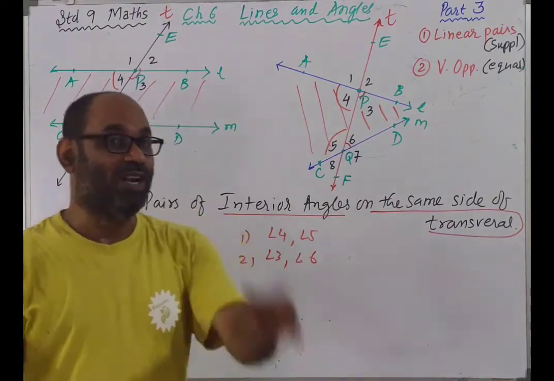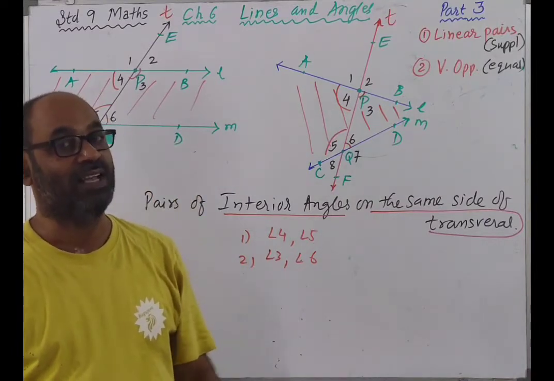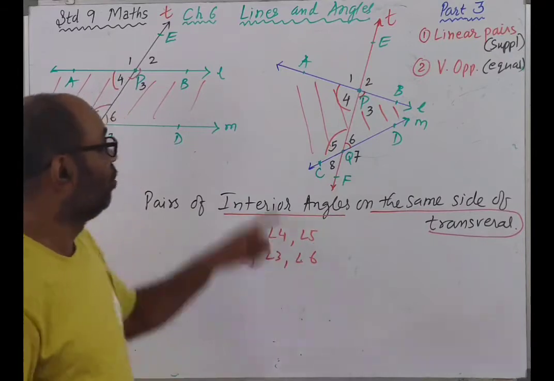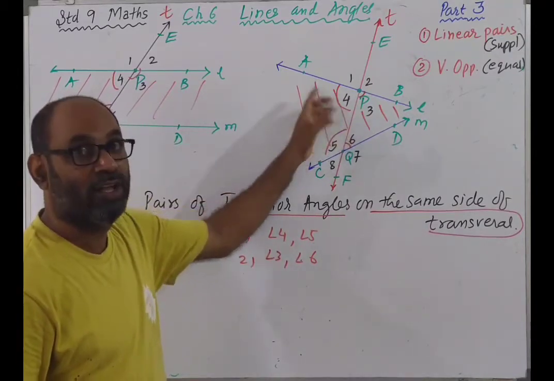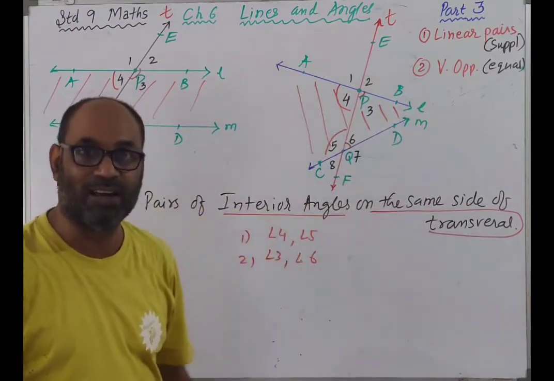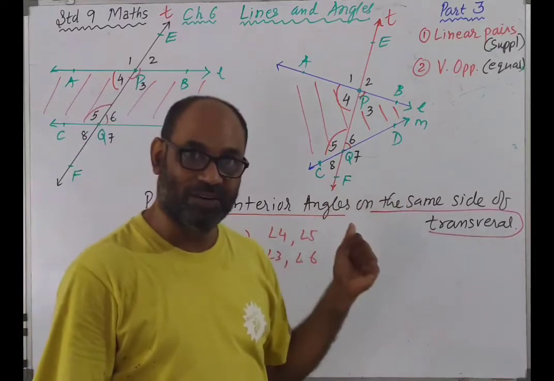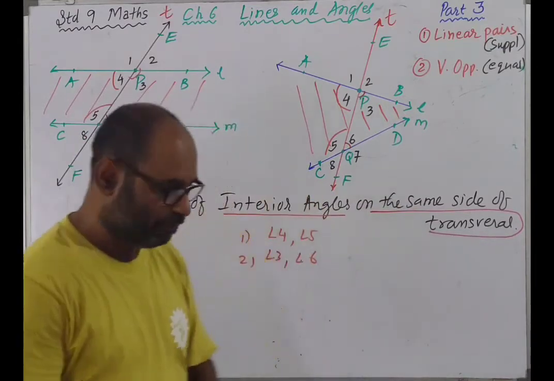So only 2 pairs of interior angles on the same side of the transversal, that is what you get. Because if you take 3 and 4, they will be on alternate sides. 4 is on this side and 3 is on the other side of the transversal. But here we want interior angles on the same side of the transversal. Is that clear to you?